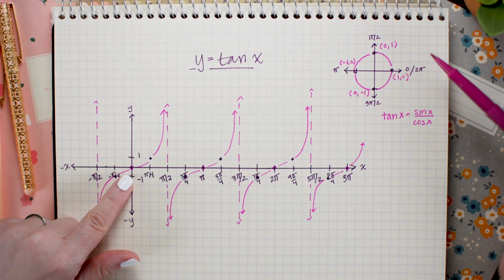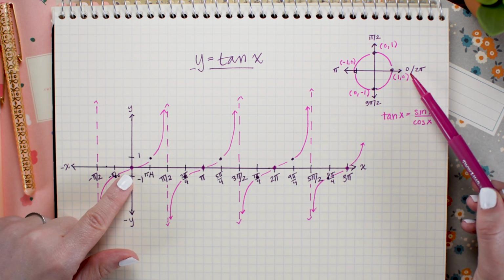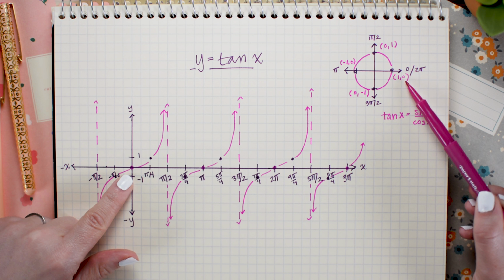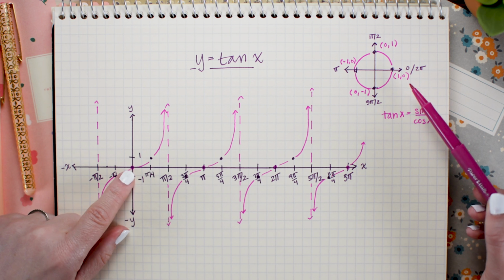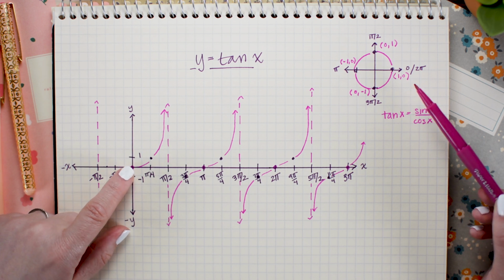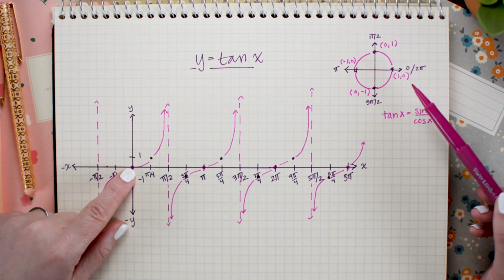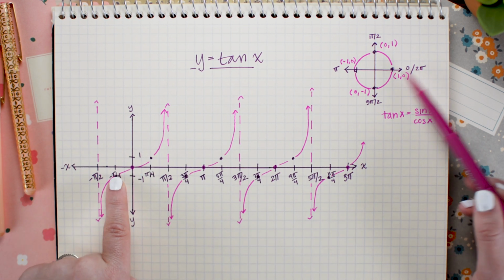So to find tangent at 0 radians, I go to 0 radians on my unit circle, and then I go ahead and take the y coordinate, which is 0, and divide it by the x coordinate, which is 1. 0 divided by 1 is 0, and that corresponds directly to our tangent graph, where I have 0 radians equaling 0 for tangent. Now let's go ahead. I'm going to do these pi over 4 units here in a second because I didn't draw those in yet.